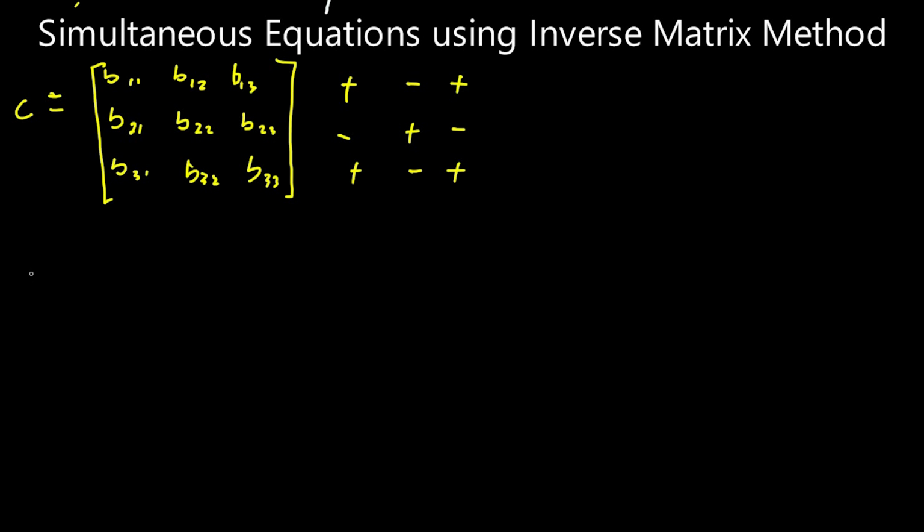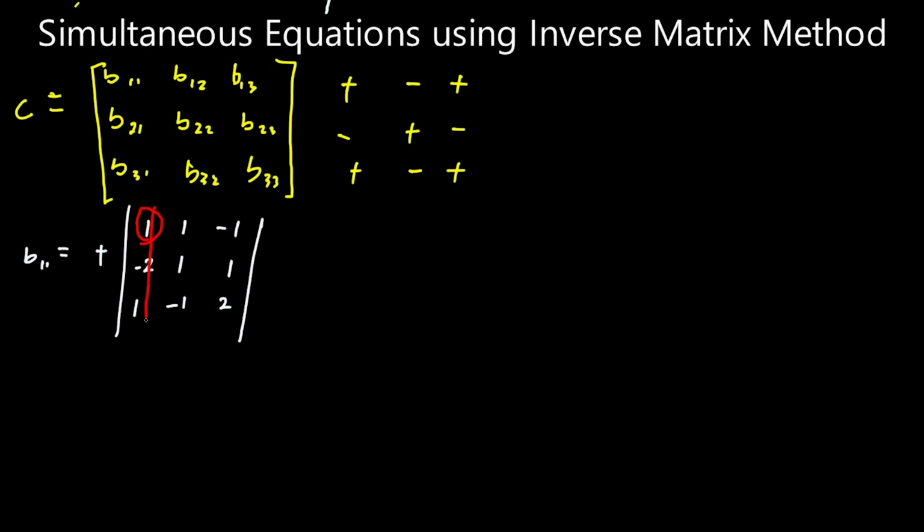So we start with the first value, B11. For B11, the sign here is plus, so we have a positive. We bring our matrix. Our matrix was 1, 1, minus 1, minus 2, 1, 1, 1, minus 1, 2. We close the row and the column that contains the element B11, which is 1.